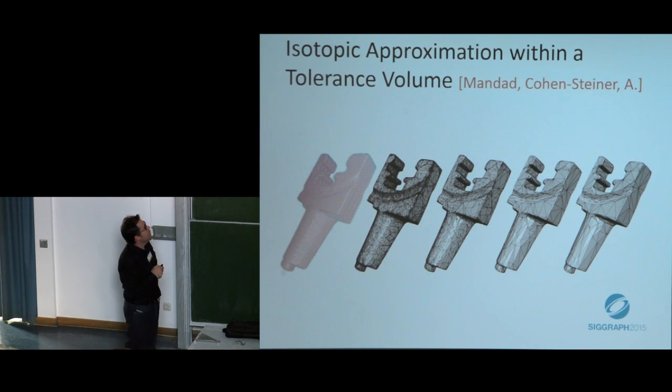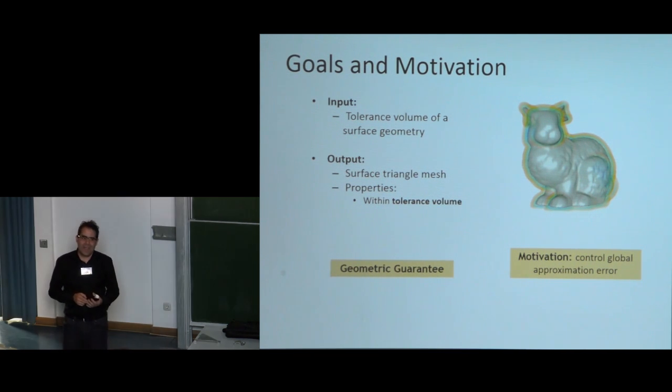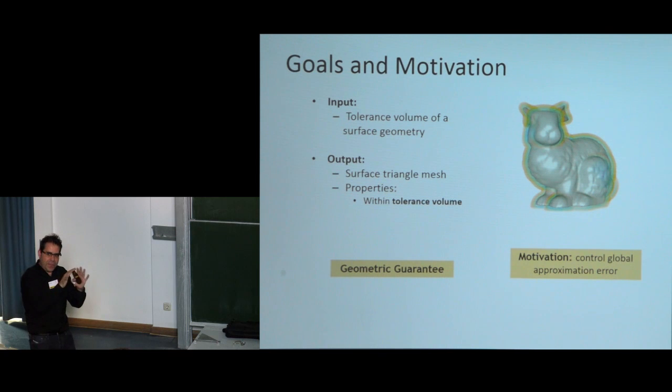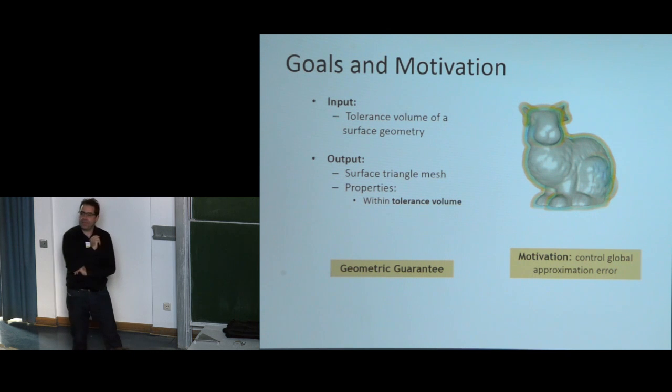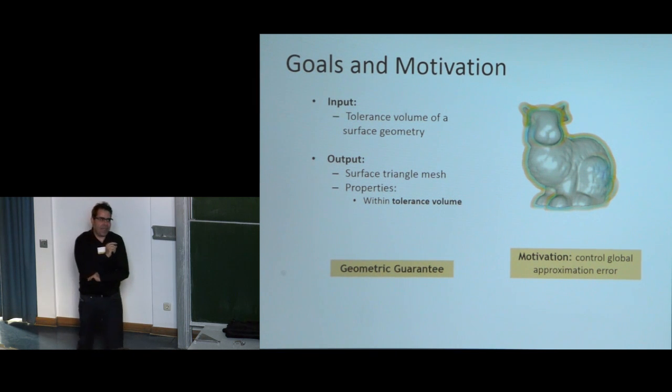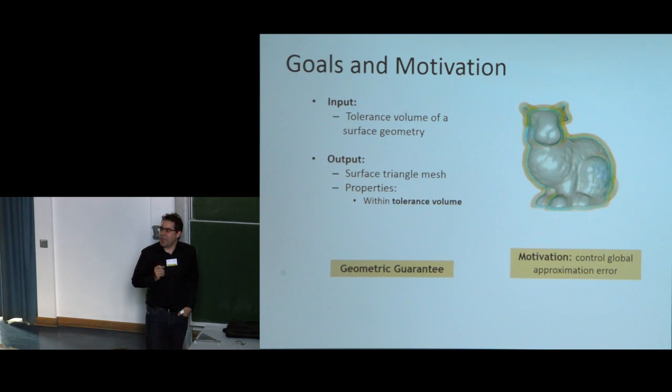So, I remind you the motivation. Really, this time we consider the two guarantees altogether. By the way, this time I also changed the problem statement. I say that I am given just the tolerance volume.